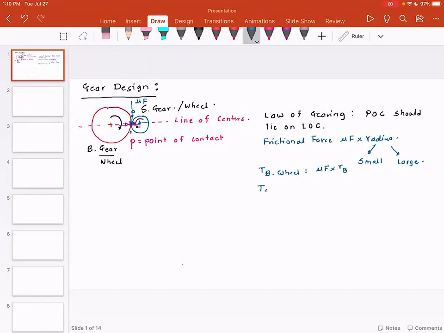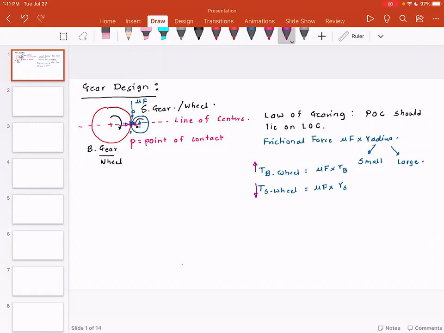Torque on the small wheel will be the frictional force multiplied by the radius of the small wheel. Clearly, the torque on the big wheel is going to be greater. Torque on the small wheel is going to be less.